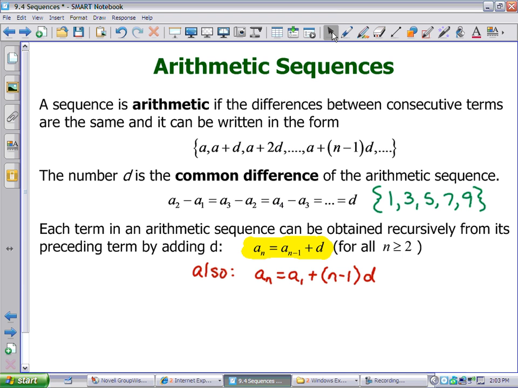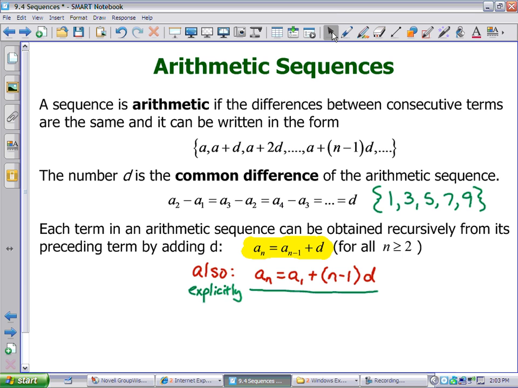Now if I want to know explicitly, explicitly is defined right here. Explicitly is when you can write an equation that can be used for any number n. You don't have to have the term before or the term after.